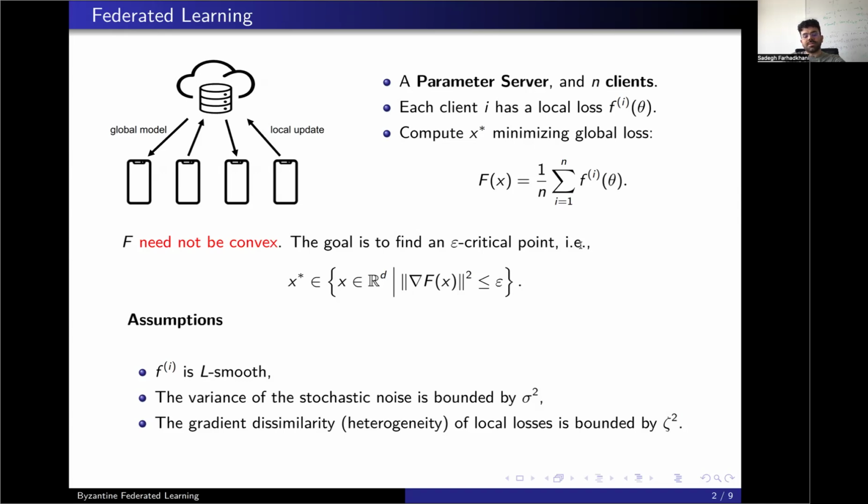And also the variance of the stochastic noise should be bounded by a parameter sigma, and the gradient dissimilarity or heterogeneity of the local losses should be bounded by another parameter, zeta squared. These are the assumptions that had been used in many previous works before this paper.